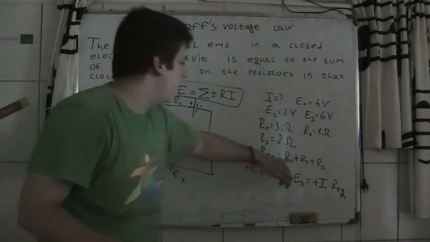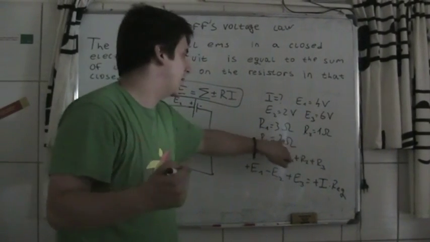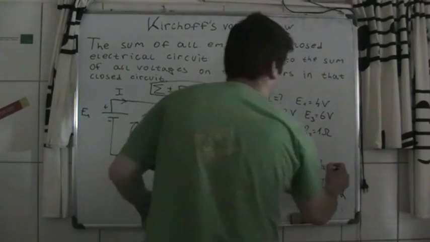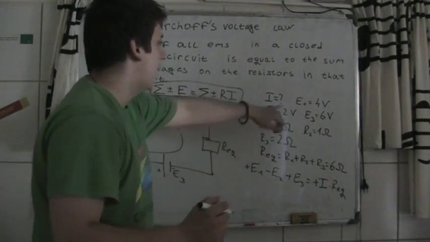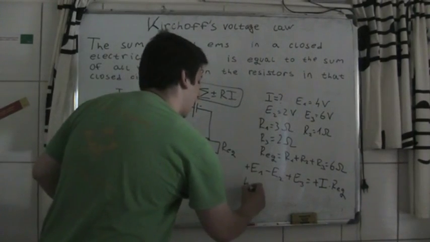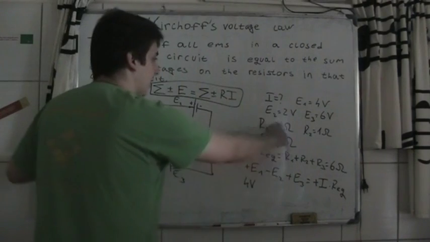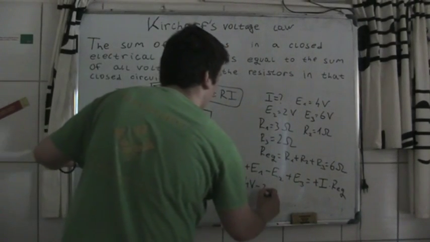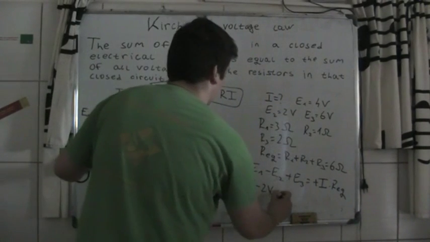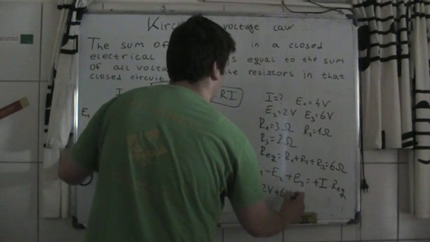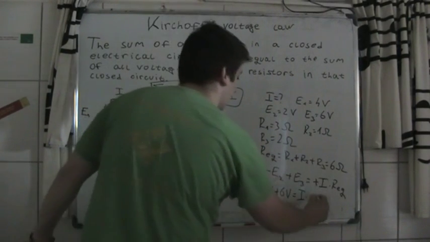R1 plus R2 plus R3 is 3 plus 1, that's 4, plus 2, you have 6 ohms. Now, plus E1, that's 4 volts. I don't have to put plus or minus now. Minus E2, that's minus 2 volts, and plus 6 volts is equal to I times 6 ohms.